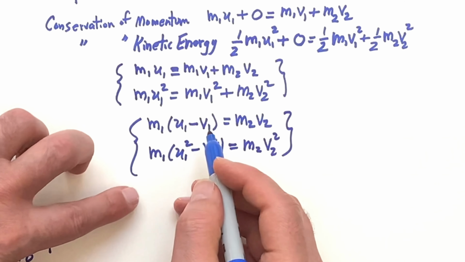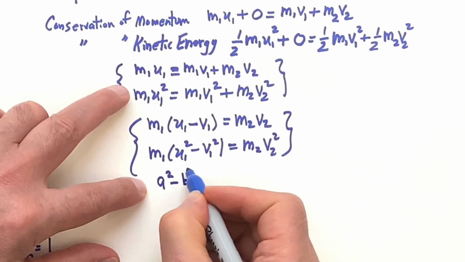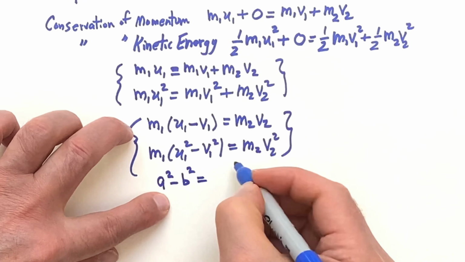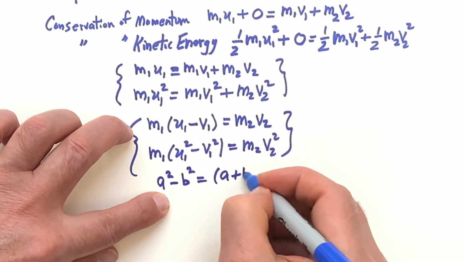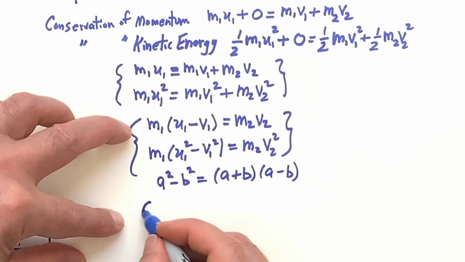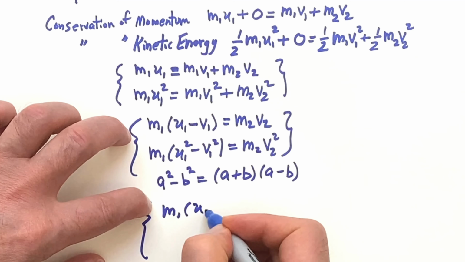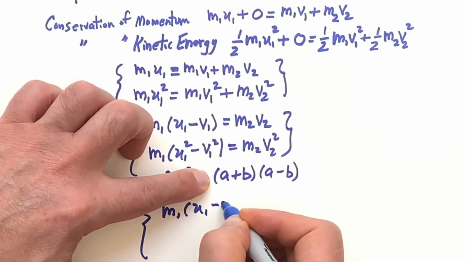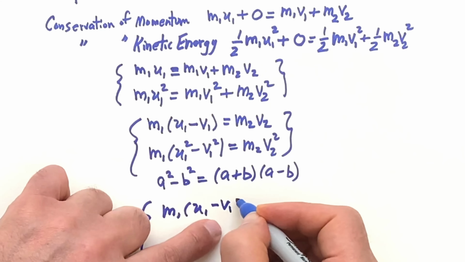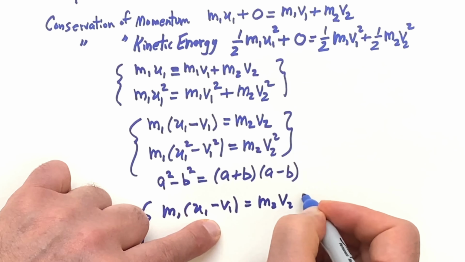Now we're going to use the trick that when we have a squared minus b squared, that we can write that as a plus b times a minus b. So that means the second equation we can do something with. So we'll go ahead and write down the first equation here, unchanged.